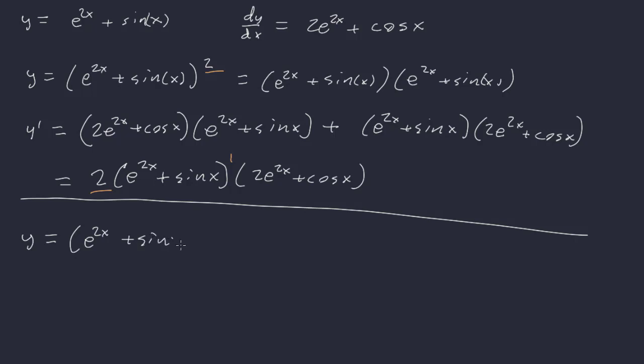e to the 2x plus sine x cubed. Okay, so here what we're doing is e to the 2x plus sine x. Now this one I definitely would not recommend expanding this out. Okay, we can just use the 3-piece product rule. All right, so we'll get e to the 2x plus sine x times itself times itself.